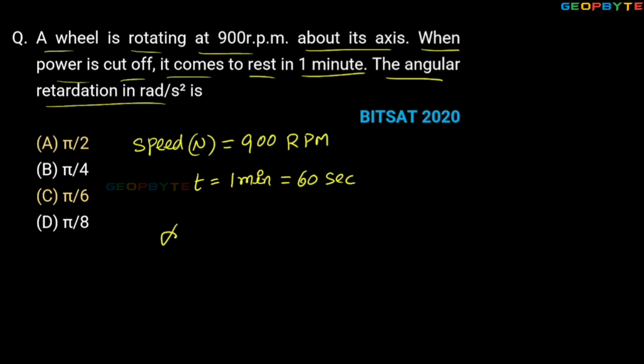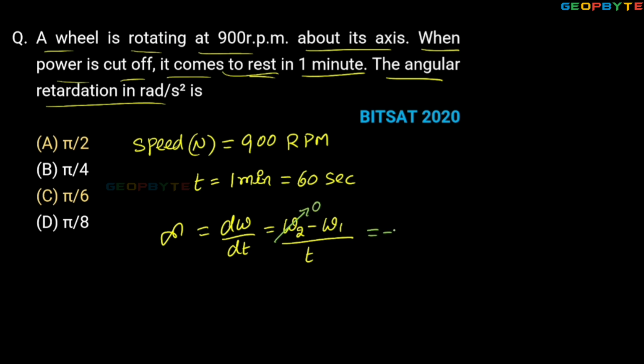As you know, angular acceleration equal to rate of change of angular velocity. That means final angular velocity minus initial angular velocity divided by time. Okay. But it is asking what is the retardation by the time it is coming to rest. It is coming to rest means here final angular velocity omega equal to 0.